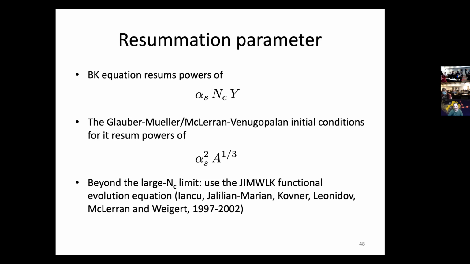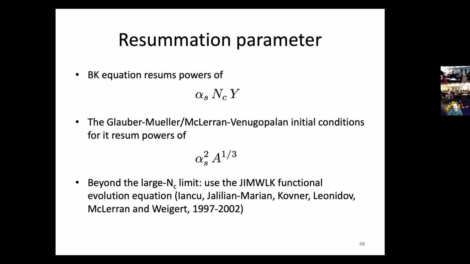And I think in the interest of time, I'm just going to flash a slide or two saying that it exists. So it's harder to go beyond the large N_C limit, right? Like I showed you in an example on an iPad, you don't have dipoles anymore. You have quadrupoles, you have sextupoles, all sorts of color structure.